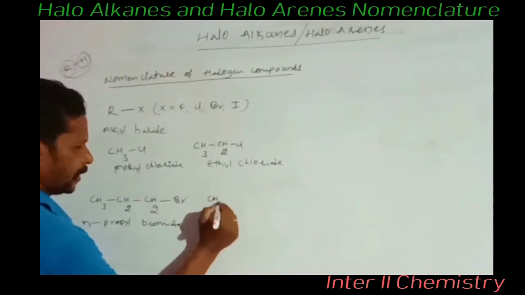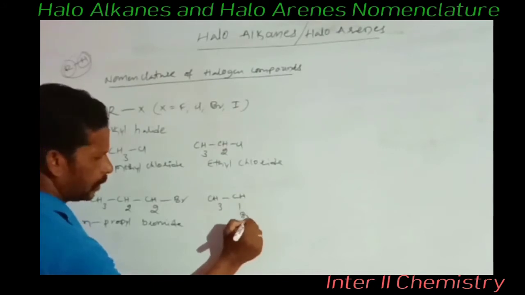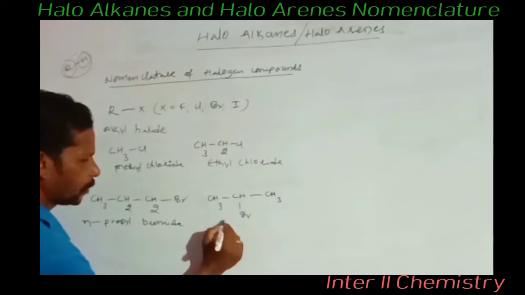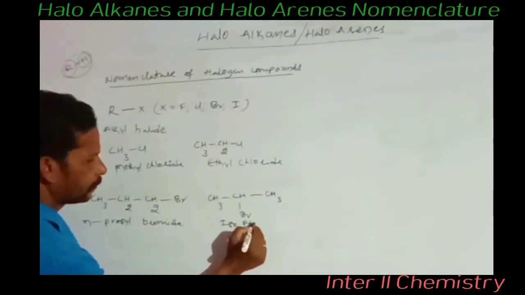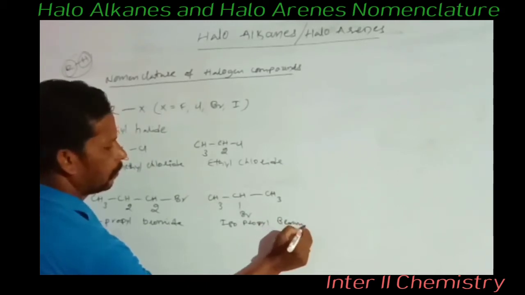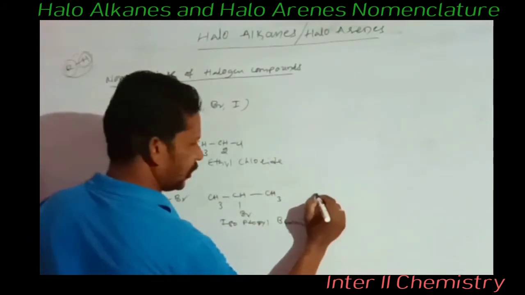The other one I am writing: CH3CHBrCH3. So it is isopropyl bromide. The other one I am writing here: CH3 and CH3 with bromine.